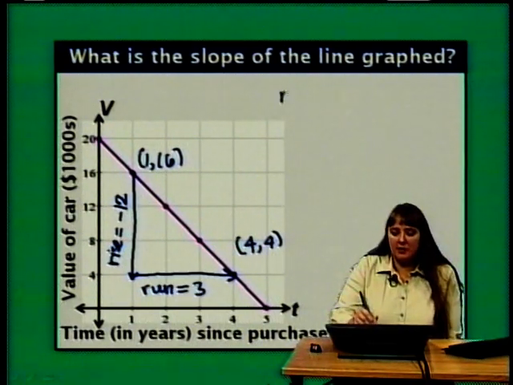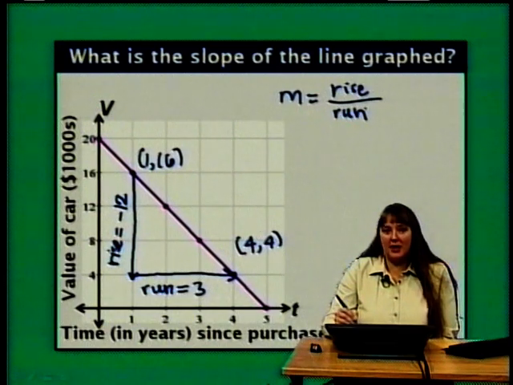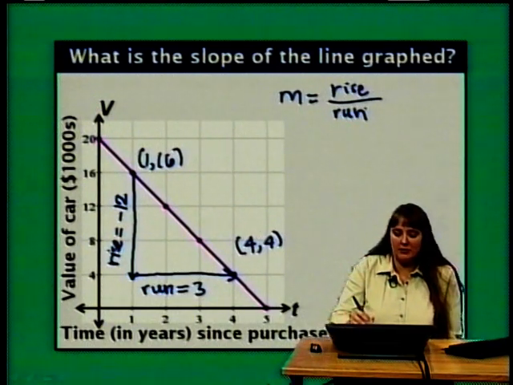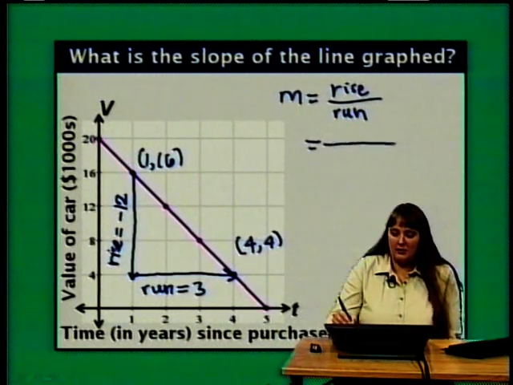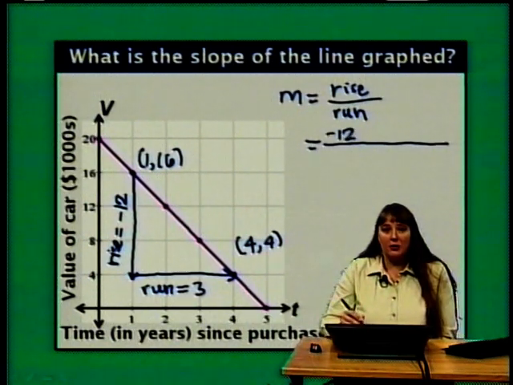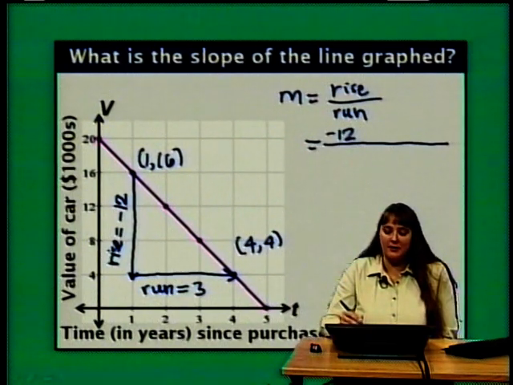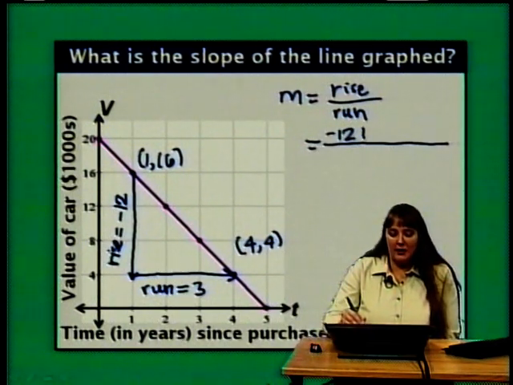When I go to find the slope, I need to take the rise over the run. I'm looking at an applied problem, so I also need to take the units into account. So my numerical value of the rise is negative 12. Looking at my vertical axis, I can see that it's the value of car in thousands of dollars. So this is negative $12,000.